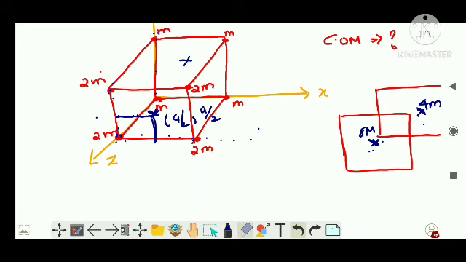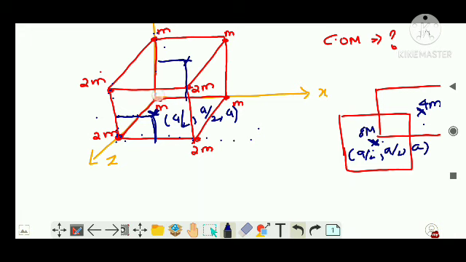This face is at a distance a from the origin along z, so the z coordinate is a. So for 8m, I'm going to write the coordinates a by 2, a by 2, and a.